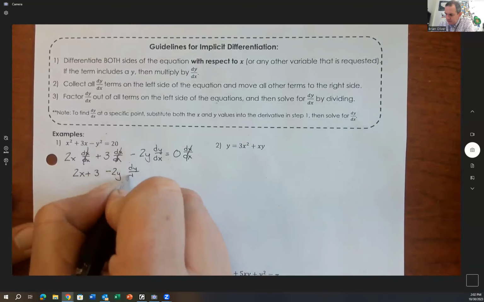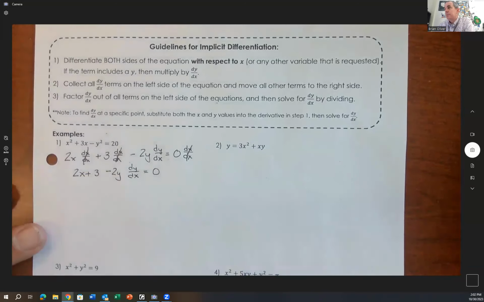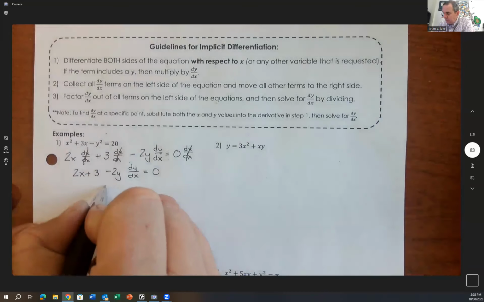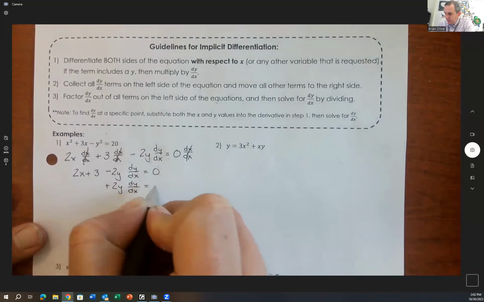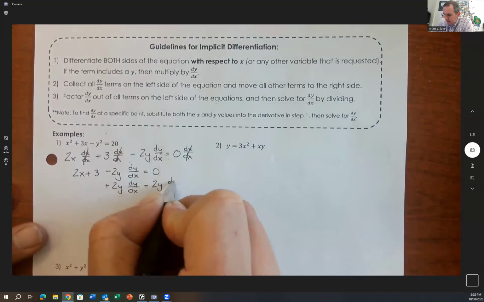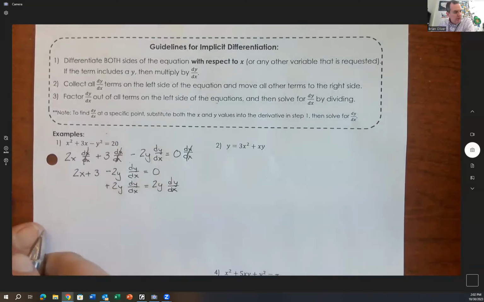dy/dx equals 0. And our goal is to get all of our dy/dx terms on one side, anything with a dy/dx term on one side, anything without on the other. So to make it easy I'm going to move this over to the right side, 2y dy/dx.